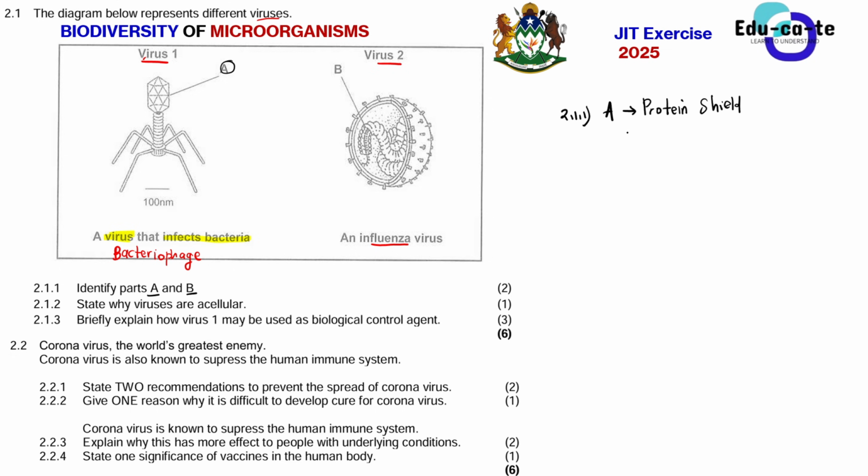Then when we look at part B in the influenza virus, remember that this is just a typical virus that you know. It has an envelope surrounding it. This is the envelope, and then it has this coat, and inside the coat there is some DNA or RNA. So structure B here is showing us this coat.